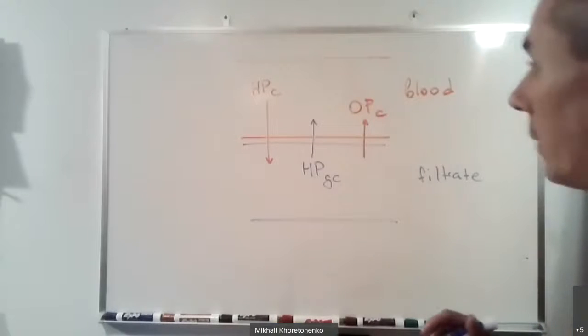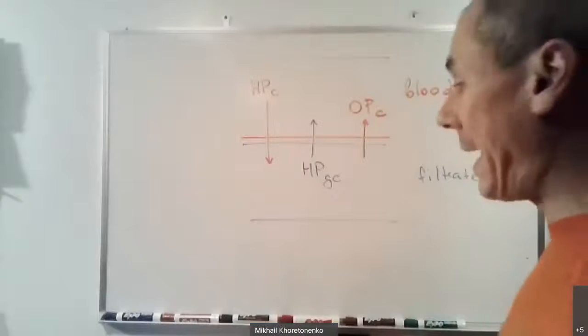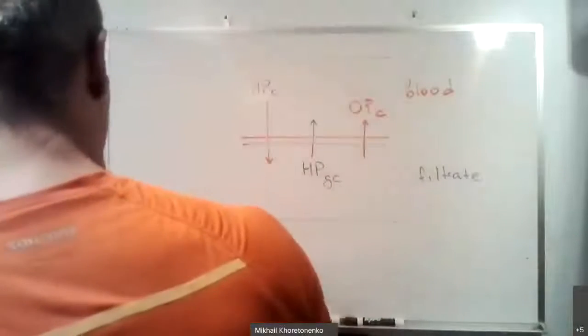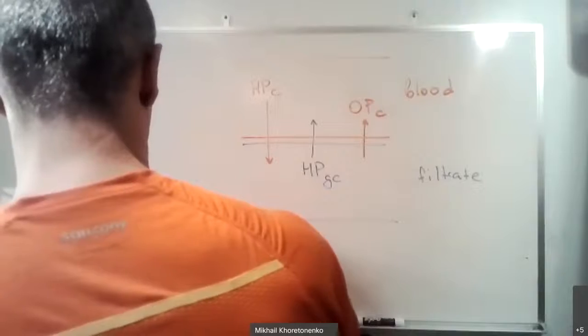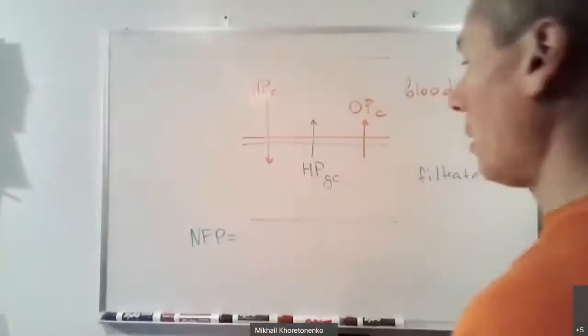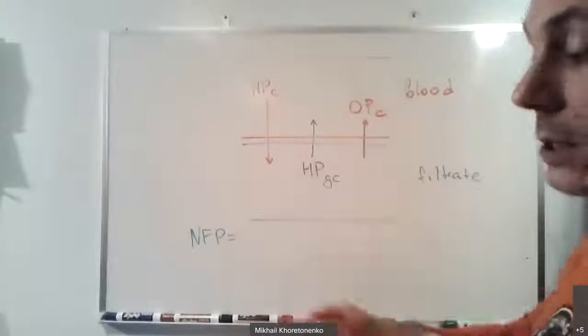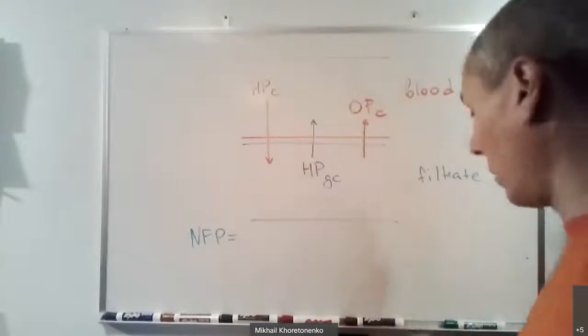Doing all right? Okay. So the so-called net filtration pressure, or NFP, will be an equivalent of a sum of those forces, considering that they have a direction.